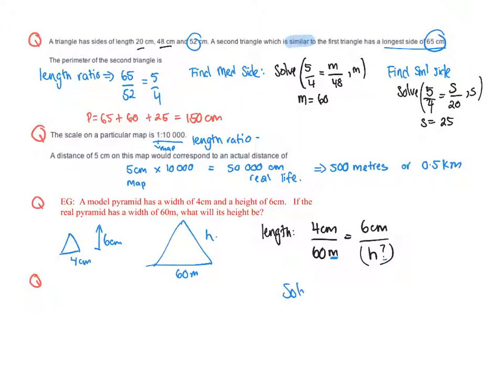So if you solve 4 centimeters over 60 meters equals 6 centimeters over h, we'll find out. Okay, h equals 90 meters. So the height of the real pyramid is 90 meters. Does that sound reasonable? Yeah, so that's good. You should think about those things. I've never seen the pyramids, but 90 meters sounds pretty good, so I'm going to go with that.